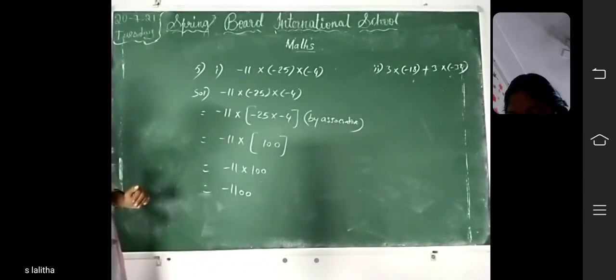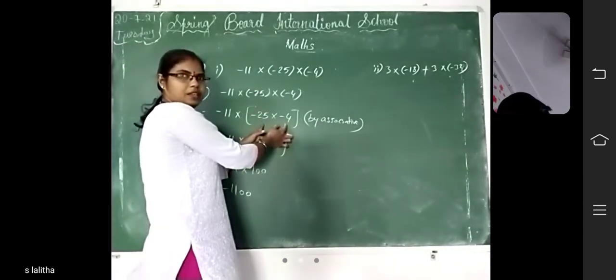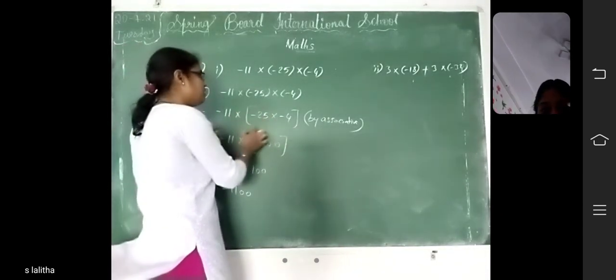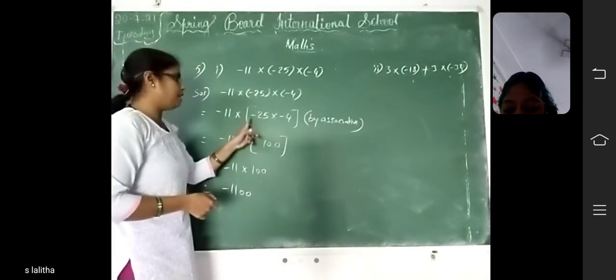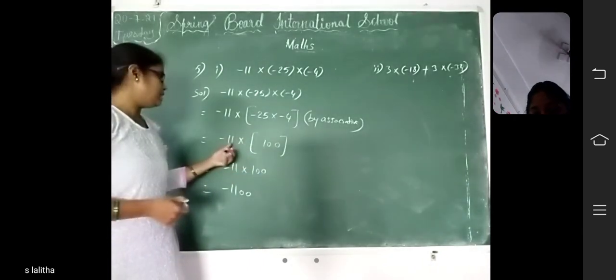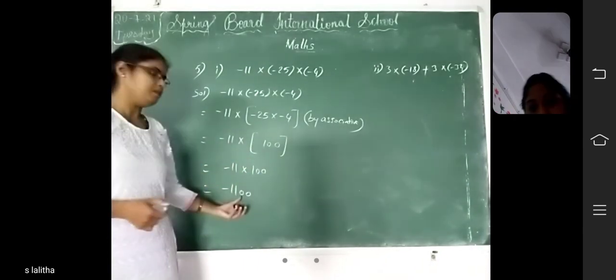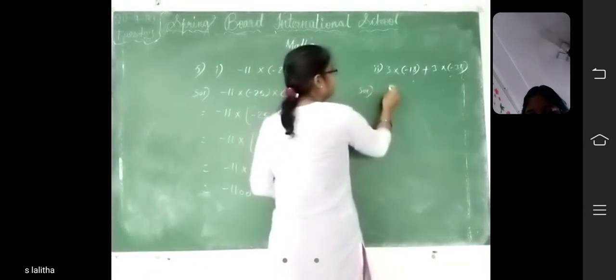Associative property. First you should multiply the second and third integers, so that's why I'm keeping it in the bracket. So 25 into 4, how much? 100. Now remove the bracket. Minus 11 into 100, how much? Minus 1100.